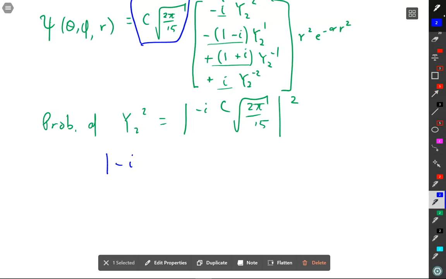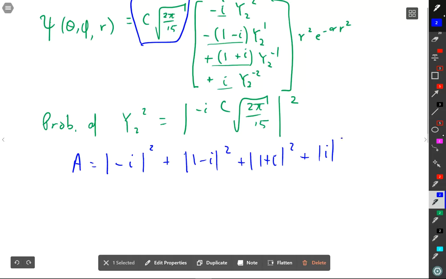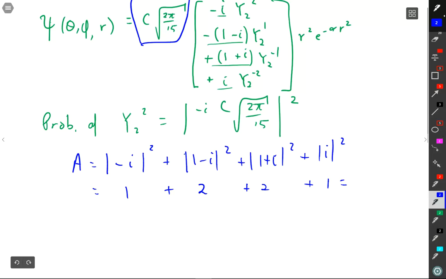Yeah, I just called it a minus I mod squared plus 1 minus I mod squared plus 1 plus I mod squared plus I mod squared. So I believe that comes to 6. I did these in my head, so I could be making a mistake, but I think that's pretty straightforward, right?